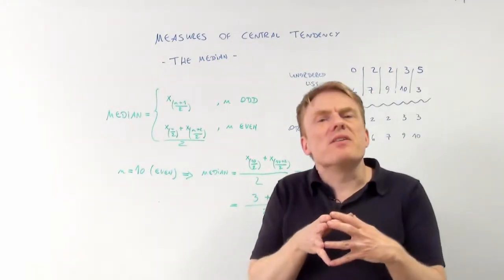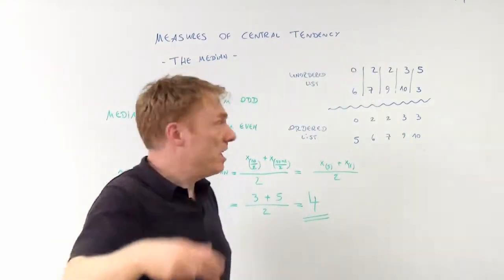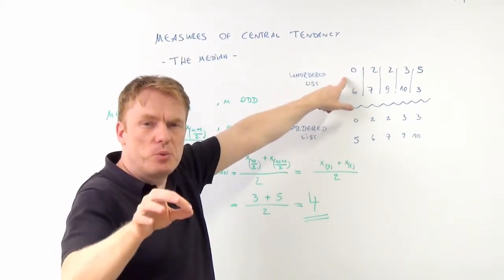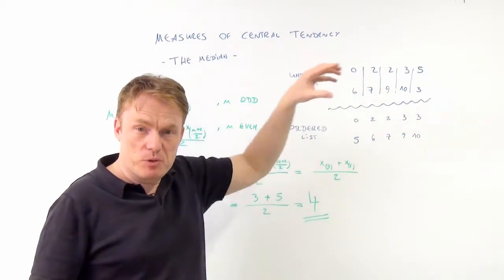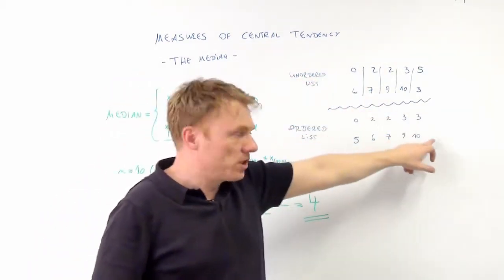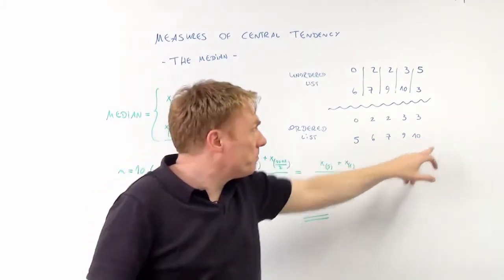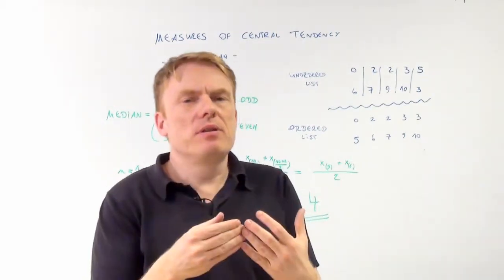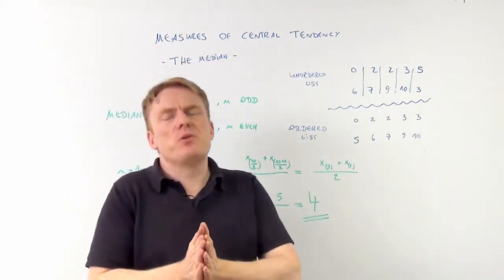If the sample size is not even, if it is odd, like, for example, you put another number here, you put the number 12, meaning the 12 would be here at the end of that list. So we would have n equal to 11, an odd number, and what's the center of 11 numbers?